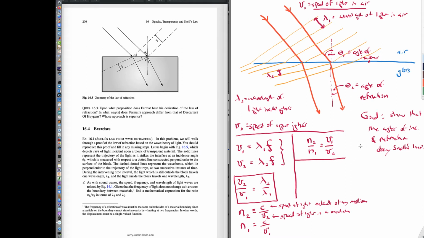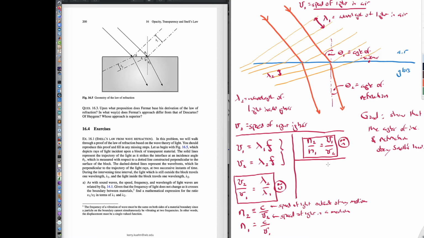All right, and now notice that we can combine this formula. Maybe I'll call this formula right here smiley face, and call this formula right here frowning face. And we can combine those two formulas.